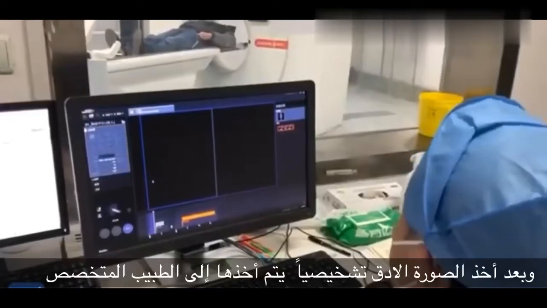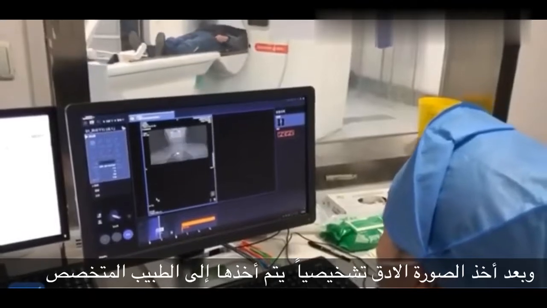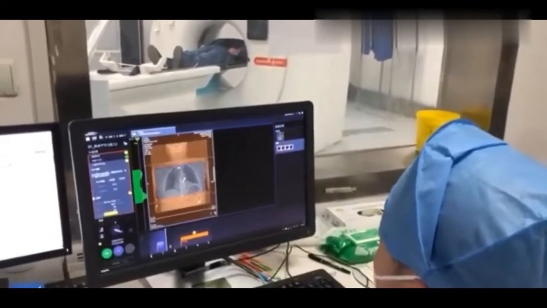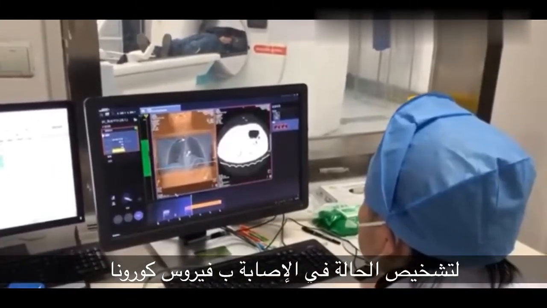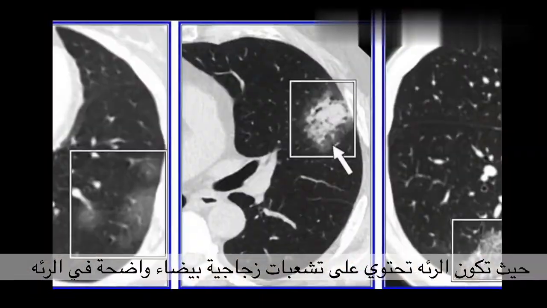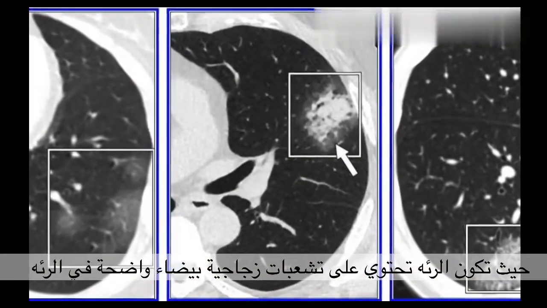After taking the most accurate picture, it is sent to the specialist doctor to diagnose the case of coronavirus. The lung contains white ground glass ramifications.